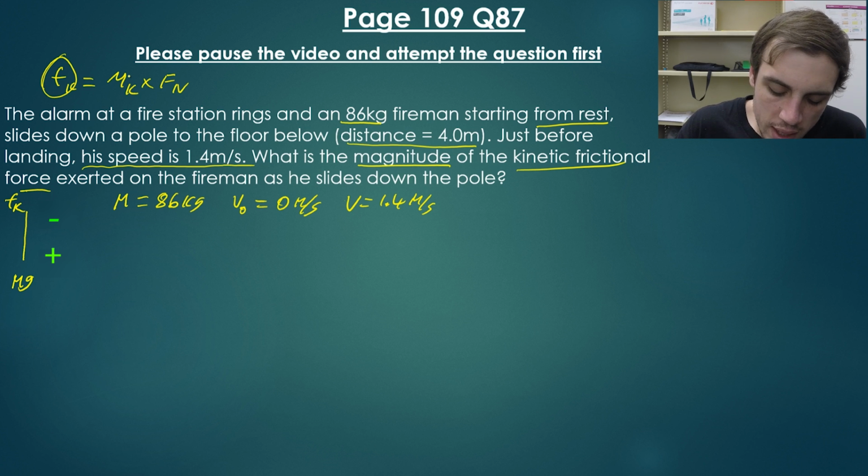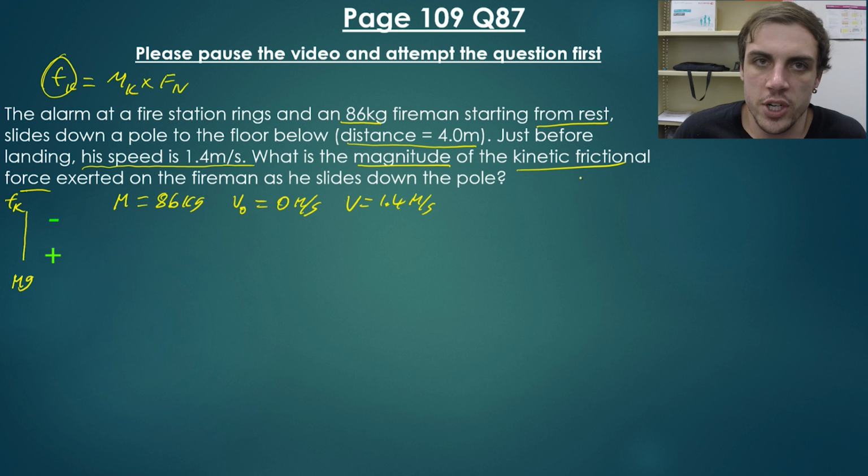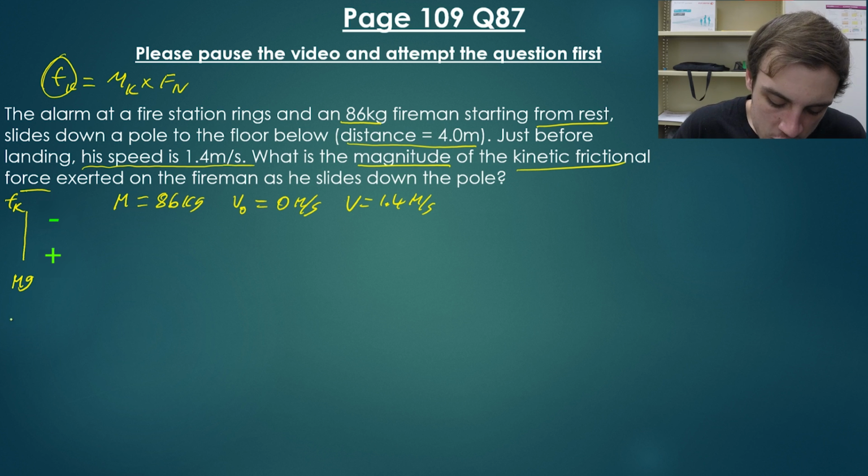So I look here and I go, okay, the force of friction is going to be the coefficient of friction times force normal. I don't have the coefficient of friction, and there's no way for me to really calculate that. However, I do know the change in his overall velocity. I know that the force that he is moving downwards is mass times gravity.